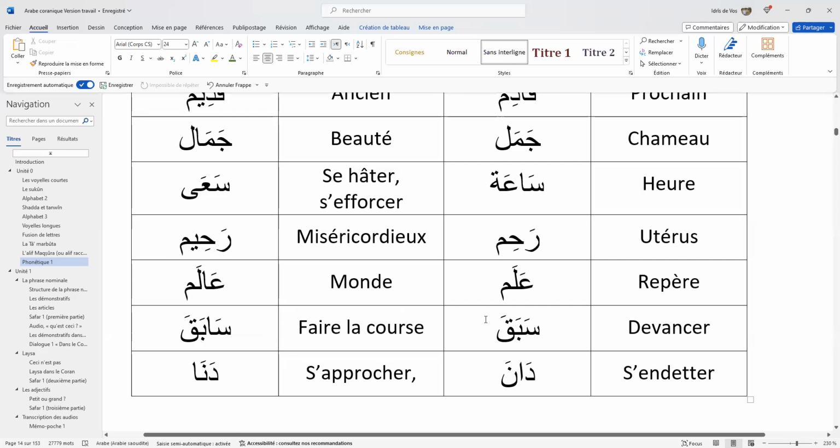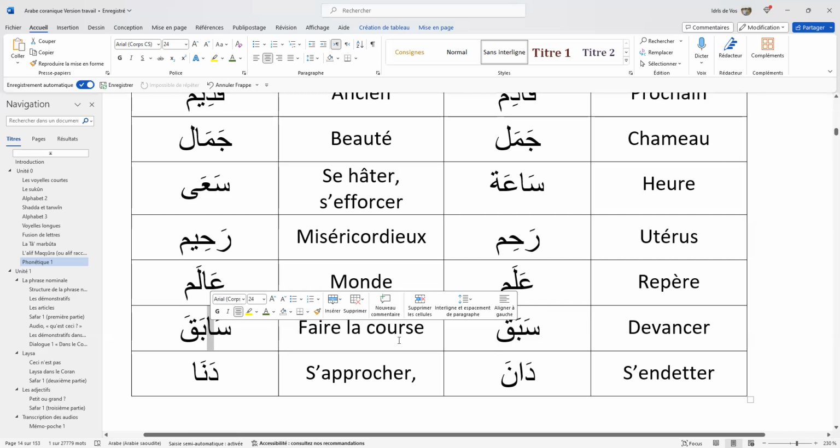Sabaka, to go ahead, and Sabaka, to race. Now what you need to know is that this verb here is in fact a derivative of that one, which clearly shows that the long vowels have a function, a grammatical function, that is, here, by adding this alif, we change the meaning of the verb.